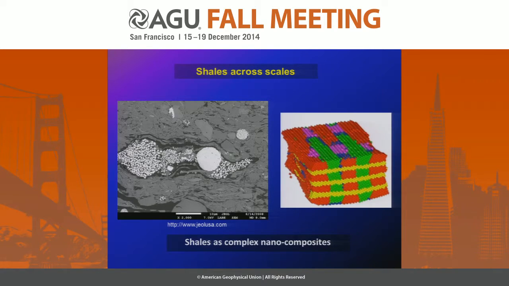Now, one of the ideas that has been floated is the idea that if we knew the mechanical properties of all the different components in the shale, we could then build a finite element model and reconstruct the bulk properties. Now, of course, that can be useful, but it's a naive approach.